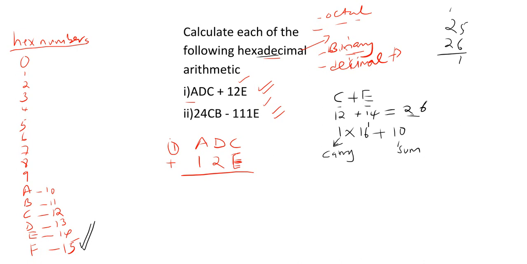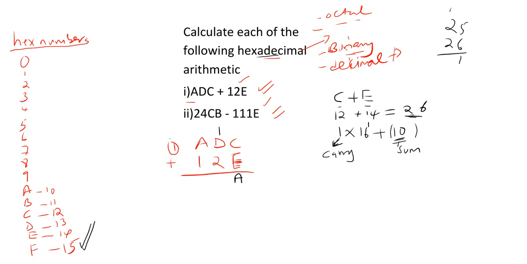So the carry here for 26 will be 1, and the sum, what we will write at this position, is the equivalent for 10, and the equivalent for 10 is A. So we get A, and we carry 1.